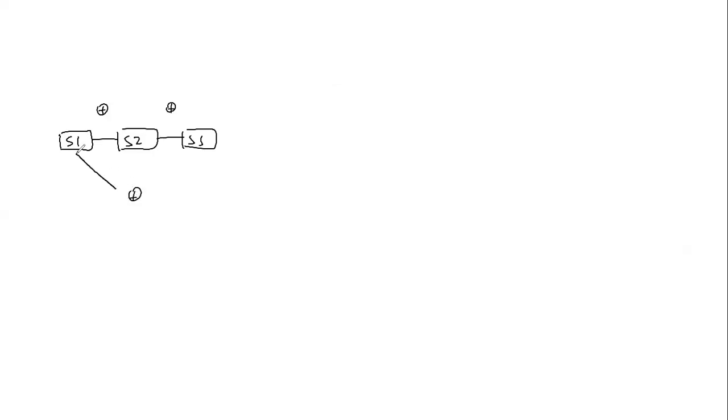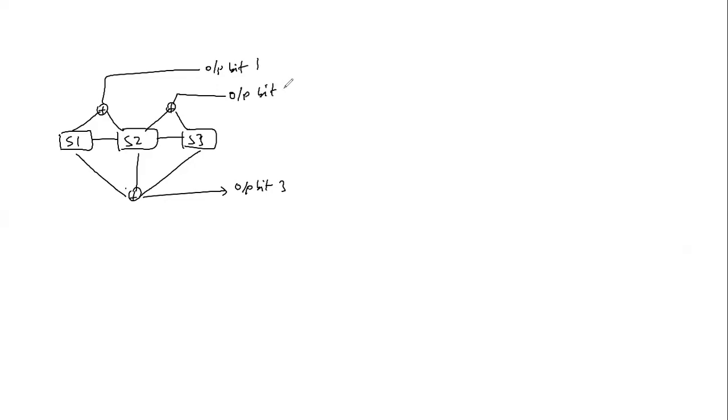So let's assume these 3 shift registers are connected to output bit 3. And then these 2 shift registers are connected to output bit 1. And then these 2 shift registers are connected to output bit 2.